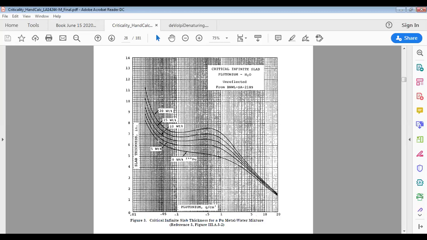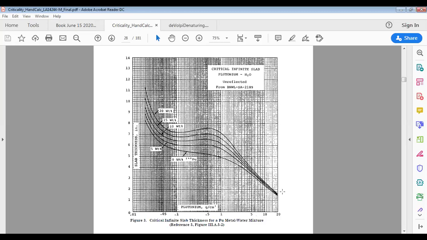So let's look at this graph. Now this graph gives you a 5-inch thickness for this kind of density over here, right? So you can see that as the concentration of plutonium gets less, the critical thickness required is more. And as the concentration of plutonium gets more, the size becomes smaller and smaller. Size is on the y-axis.